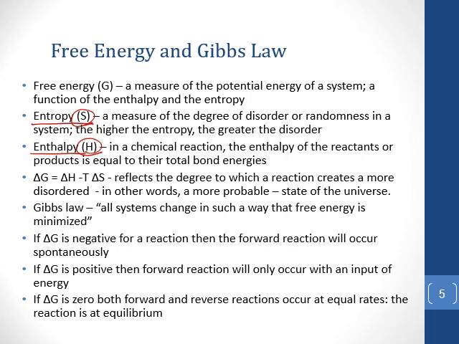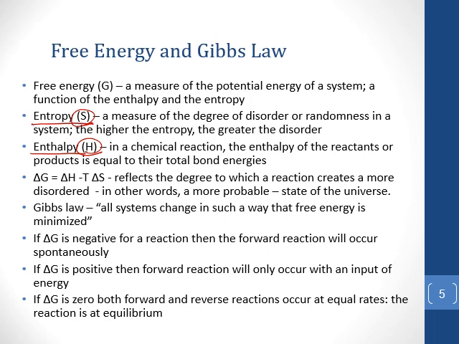The second law of thermodynamics says that closed systems tend to move in such a way that disorder increases. In other words, the spontaneous change in a system that leads to disorder is favored. Okay? Now, let's look at Gibbs' law.